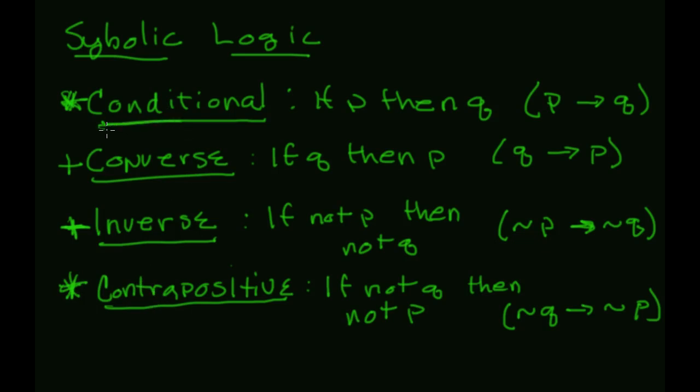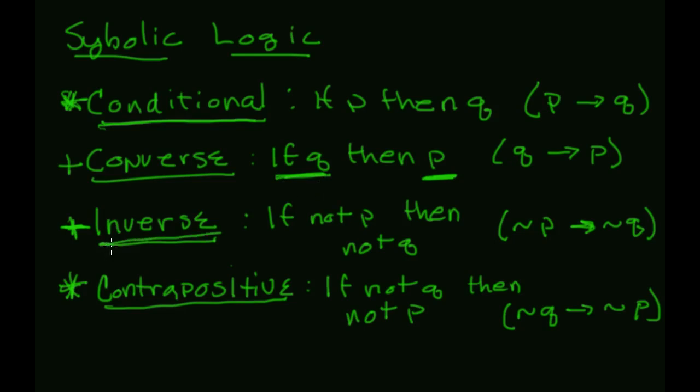So let's take a true conditional where the converse and inverse are not true. The example that we used earlier was that if I am a Garrison Forest student, then I am a student of an independent private school. That's a true statement. The converse says that if I'm a student at an independent private school, then I'm a Garrison Forest student. That would be false, because a student at McDonogh or Roland Park Country School are students at independent private schools that are not students at Garrison Forest.